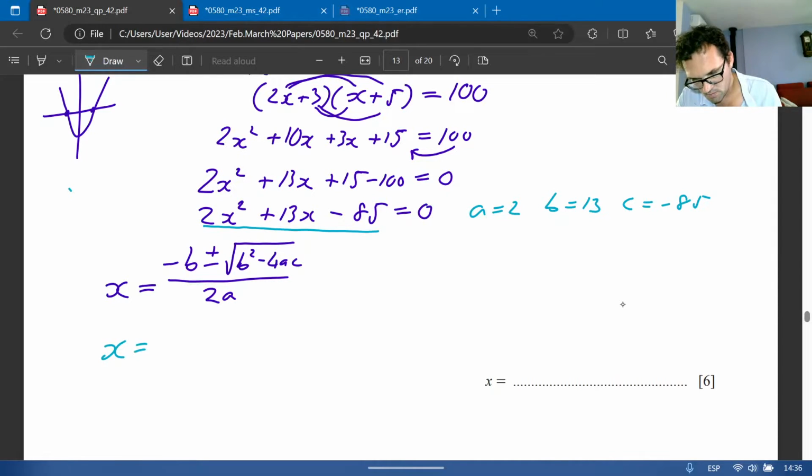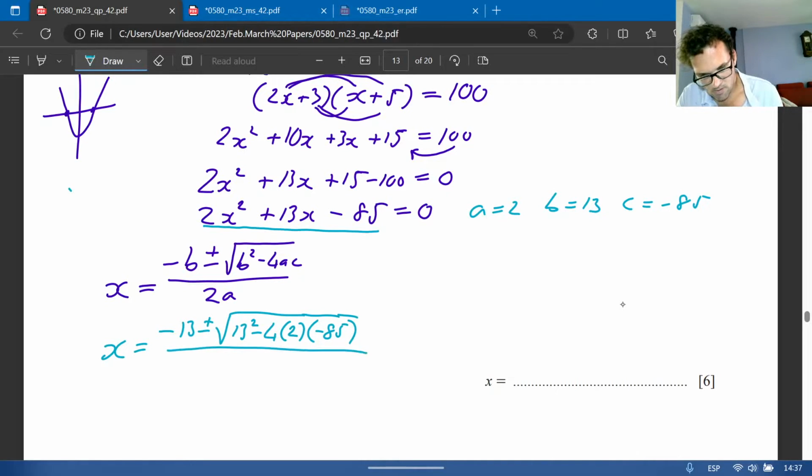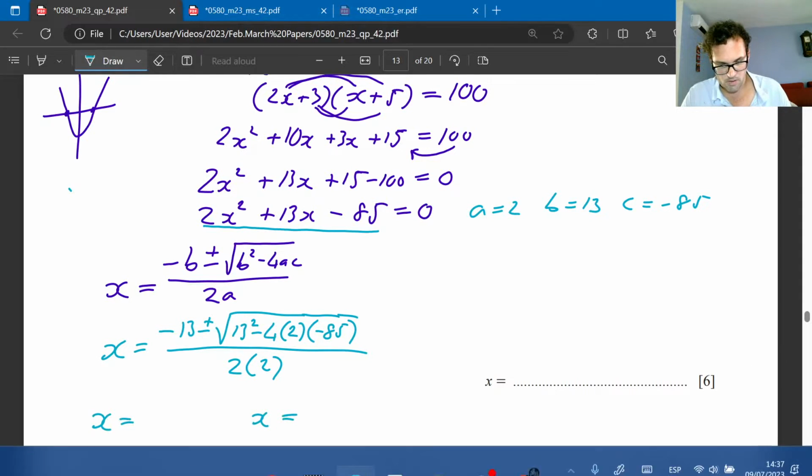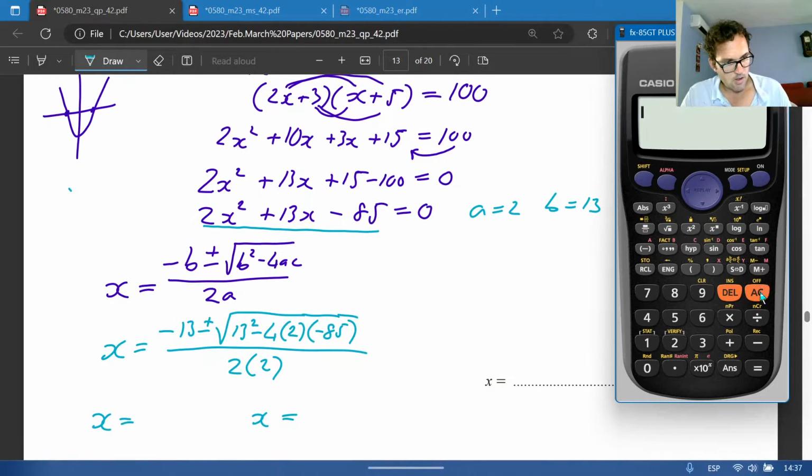So x equals negative b, being 13, plus and minus to give us those two answers. b is 13 squared minus 4 times a, which is 2, times c, negative 85, over 2 times 2. Alright, so this will give us two answers, yeah? Because we need to do one with the positive, one with the negative. So, here we go.